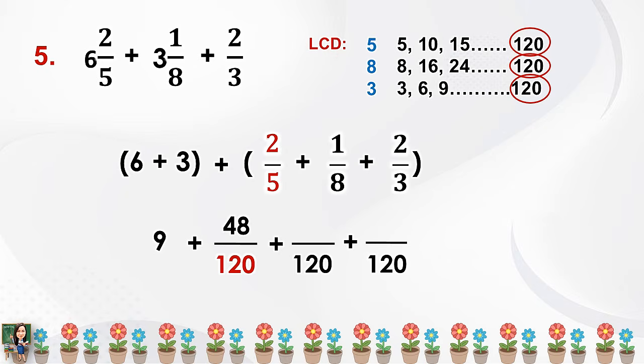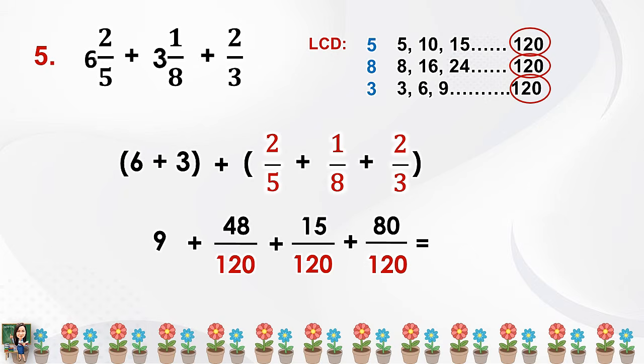For the second fraction, 120 divided by 8 times 1 equals 15. So this is the numerator of the second fraction. Next, for the last fraction, 120 divided by 3 times 2 equals 80. So this is the numerator of the third fraction.